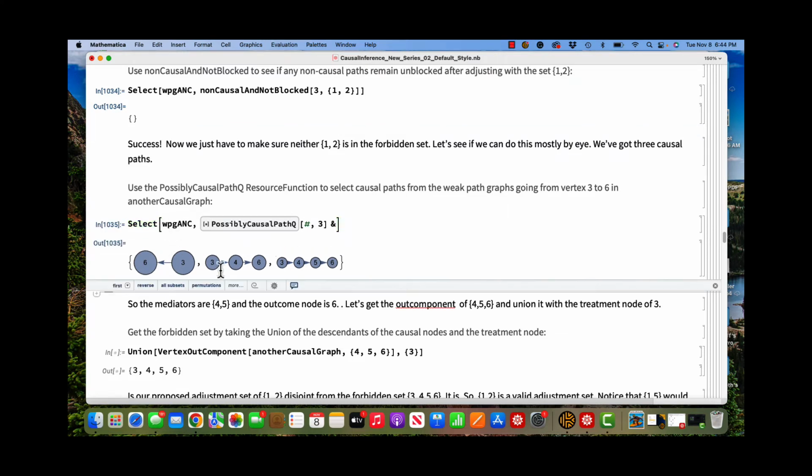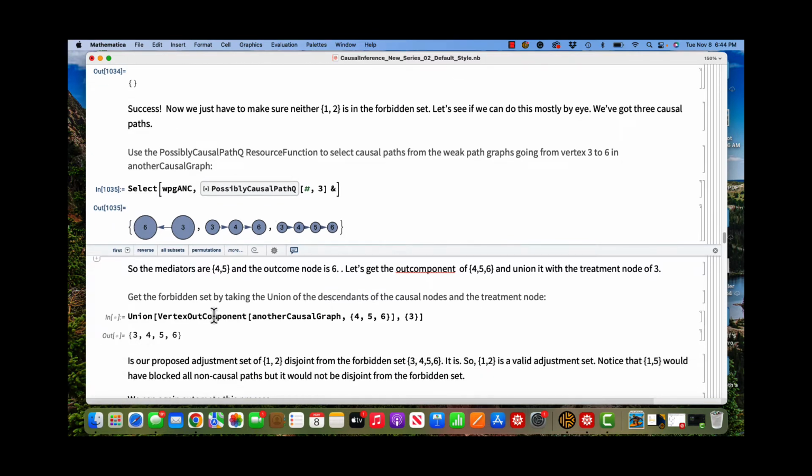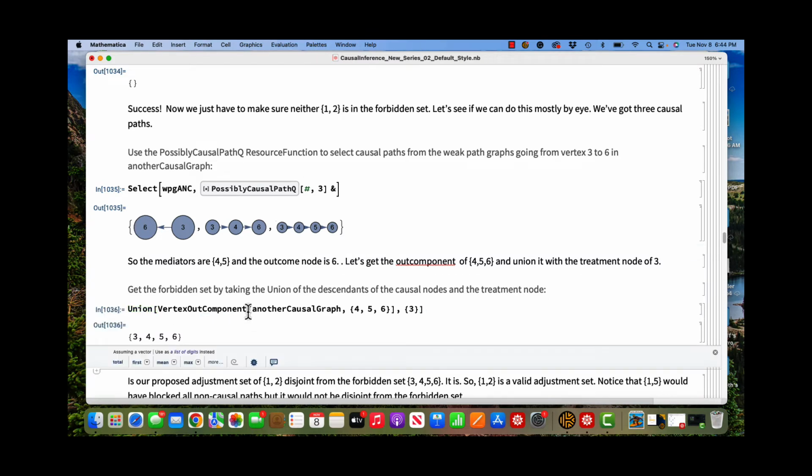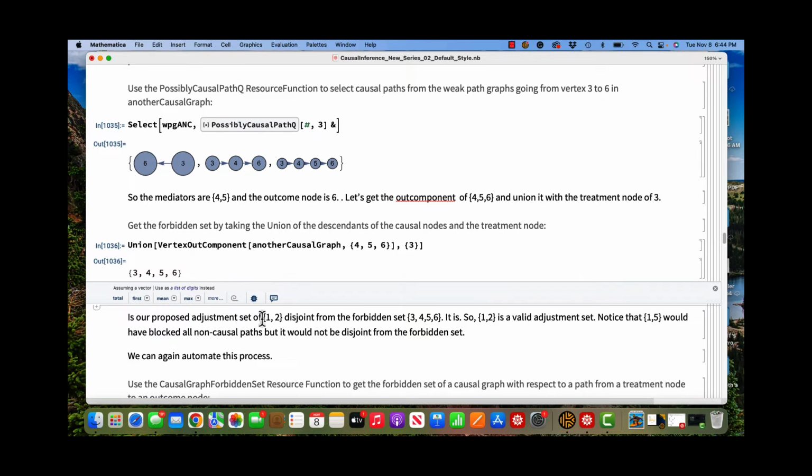And so there we go. The intermediate positions are 4, 5, and we also want to include 6. And we'll take a look at what are the descendants of 3, 4, 5, and 6. It's 3, 4, 5, and 6, and so 1 and 2 is disjoint from the forbidden set. And so 1 and 2 is a valid adjustment set.